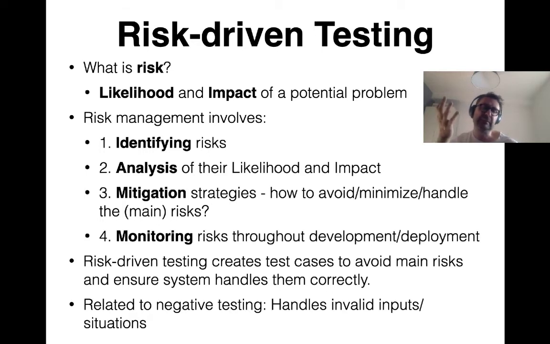And what is often unique in this one is related to negative testing. So how does the system handle invalid inputs and invalid situations or strange situations and so on? So this is quite an important type of testing, because a lot of testing techniques focus on the mainstream, the normal case, the positive testing case, this is what typically a user will do.